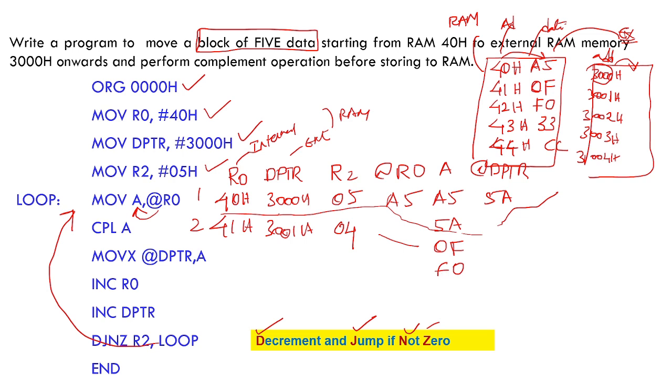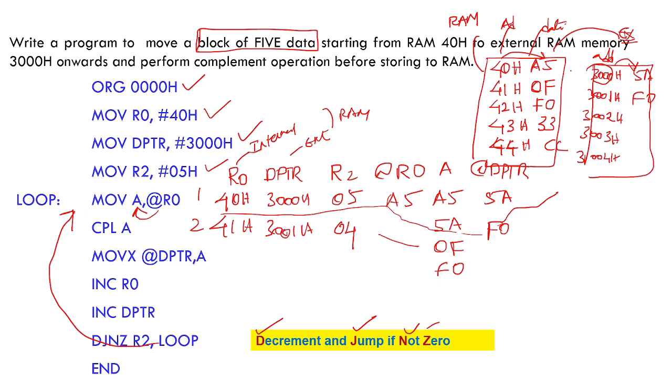What is @DPTR? 3000 is your address, right? Then in that specific address I need to send the data F0, to address 3001. So currently 3000 will hold the data 5A. After execution of this instruction, 3001 will hold data F0.